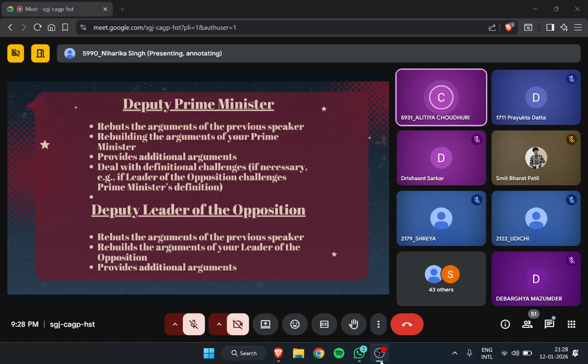I think to do all of that, you need to further your case by providing additional arguments or additional logical argumentation itself, but you also build upon whatever your PM said, because PM spends a lot of time on framing the world for the debate, or even talking about how exactly the world functions itself.